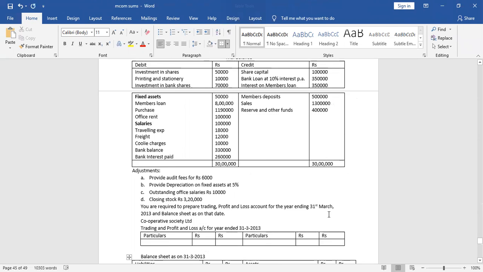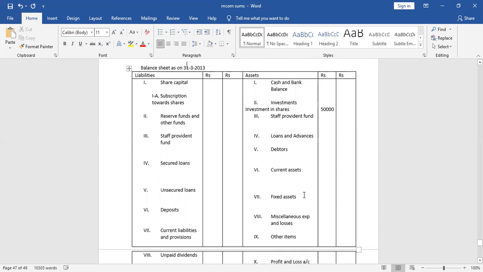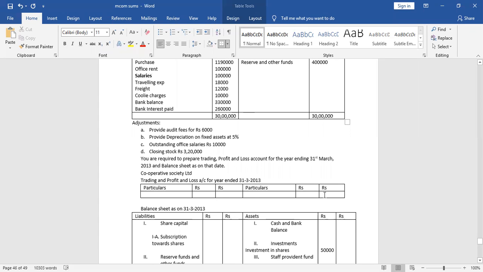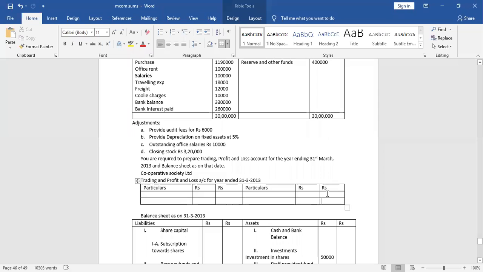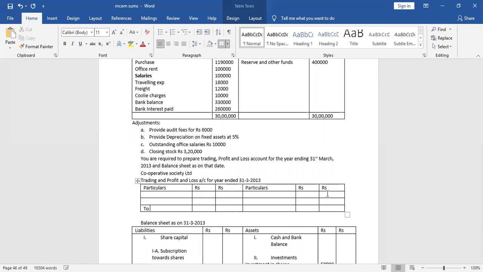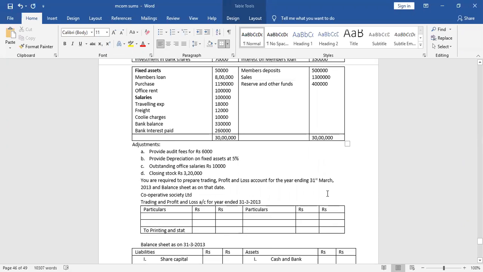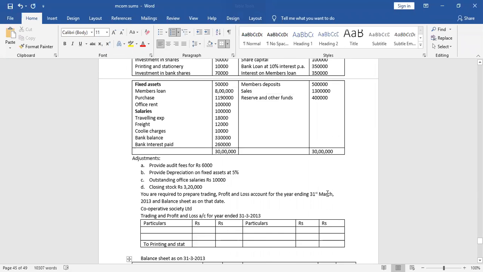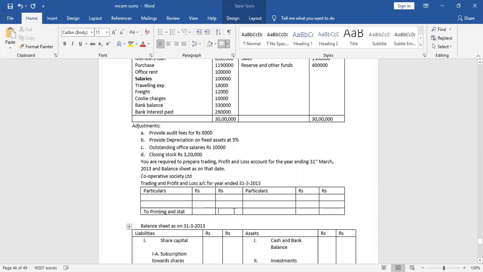Printing and stationery will come in the P&L account. What is the amount? 10,000. So I will write here no adjustment. So in the outer column 10,000.